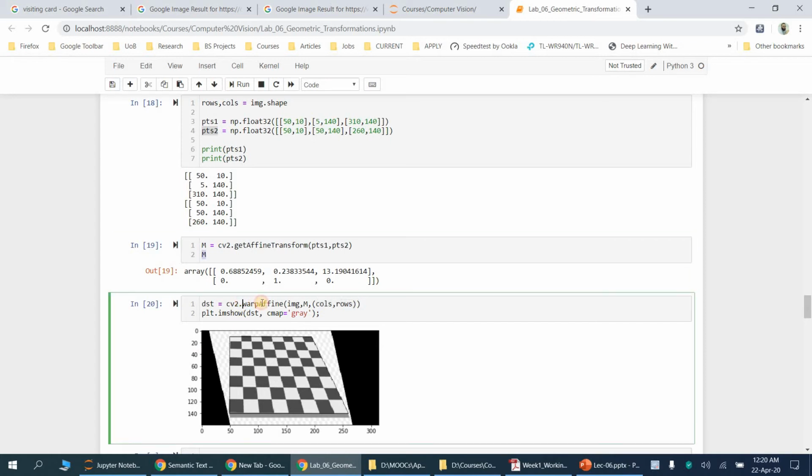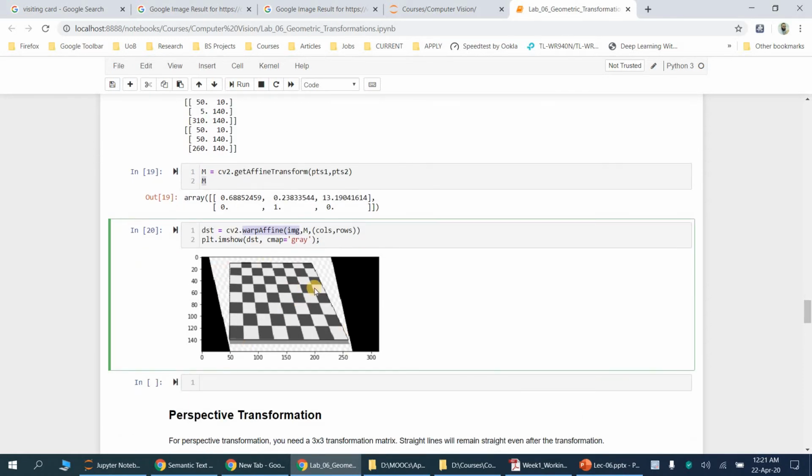So when I apply the warp affine, cv2.warpAffine, I provide three things: the image, the transformation matrix M, and the output size. So output has columns and rows. The size should be the same size as you mentioned earlier. Okay, we don't disturb the size. So it will give you this result.